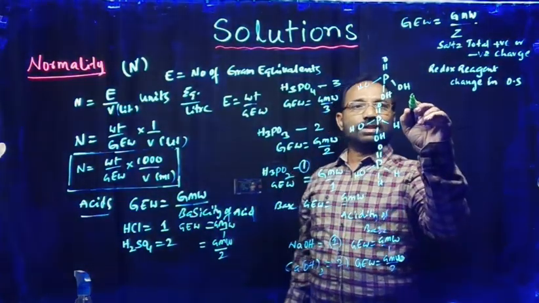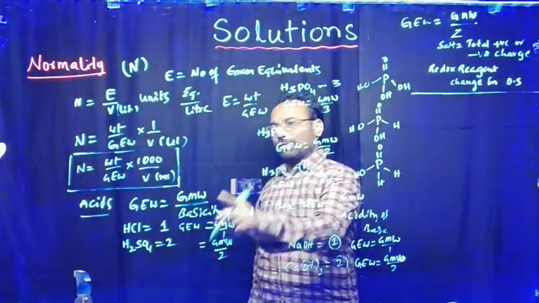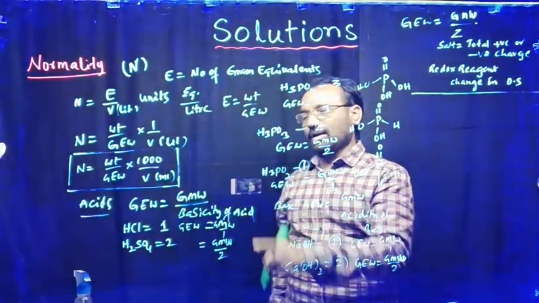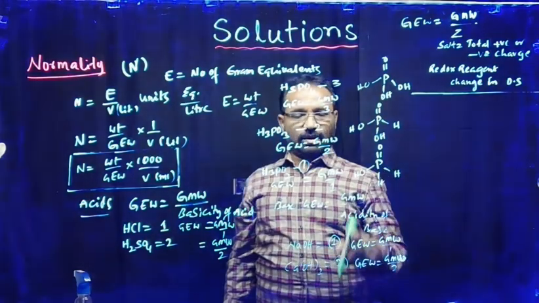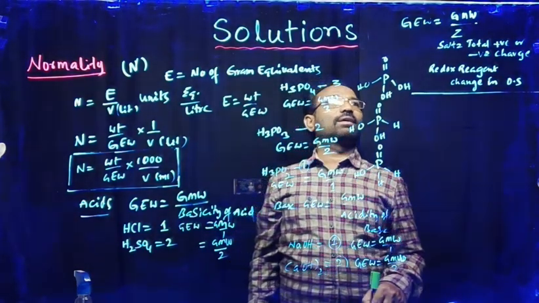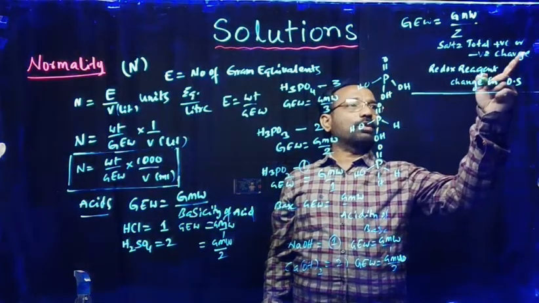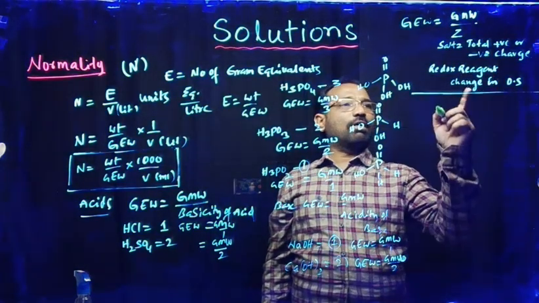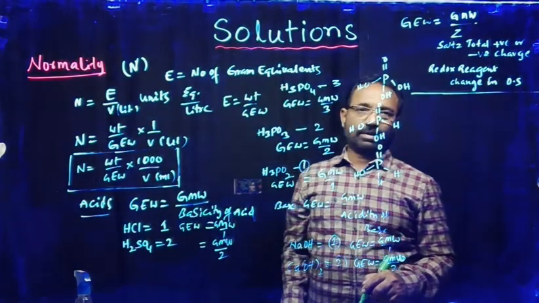So everyone should remember: in case of acid, gram molecular weight by basicity. In case of base, gram molecular weight by acidity. In case of salt, gram molecular weight by total positive or negative charge. In case of redox reagent, by the change in oxidation number.